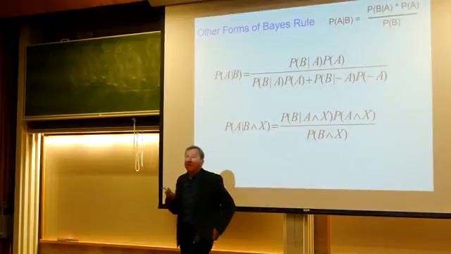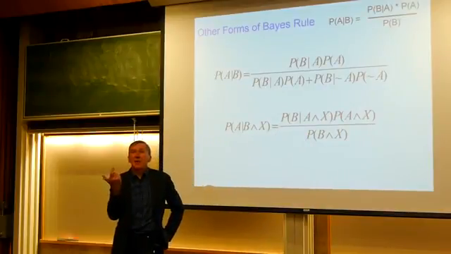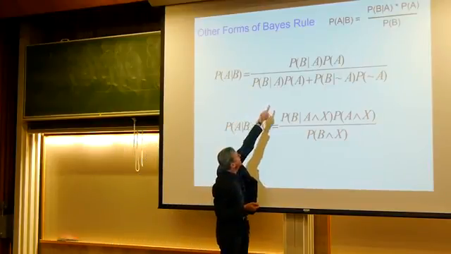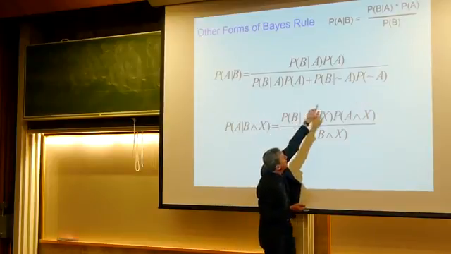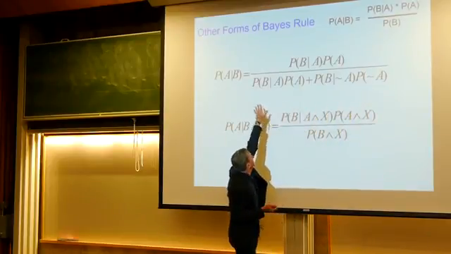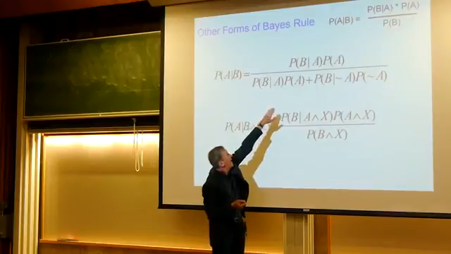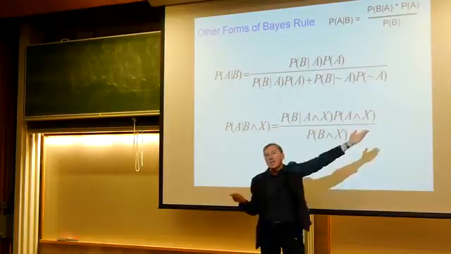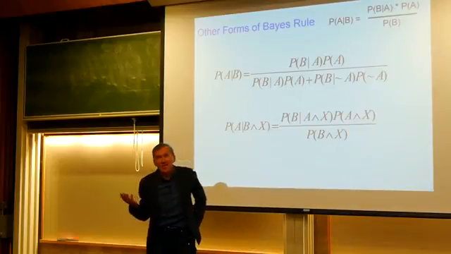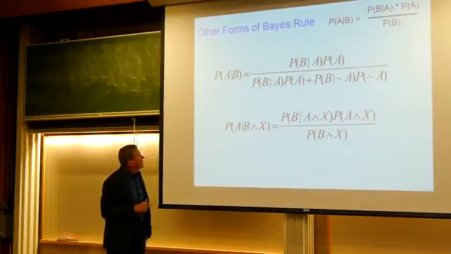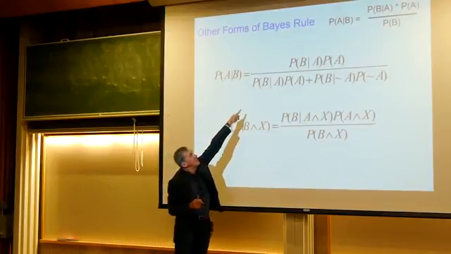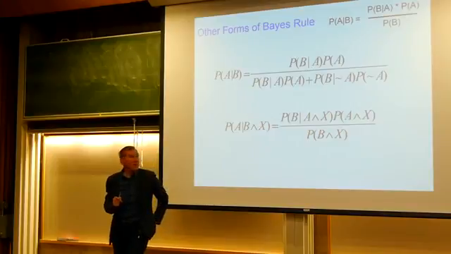Remember, one of the rules of probability is that if we have two random variables, A and B, and we want to know the probability of B, we can simply sum over the two possible values of A: the probability of B given A times that probability, plus the probability of B given not A times the probability that it's not true. And so it's just a simple rewrite. We'll actually more often use this form than the one up there.